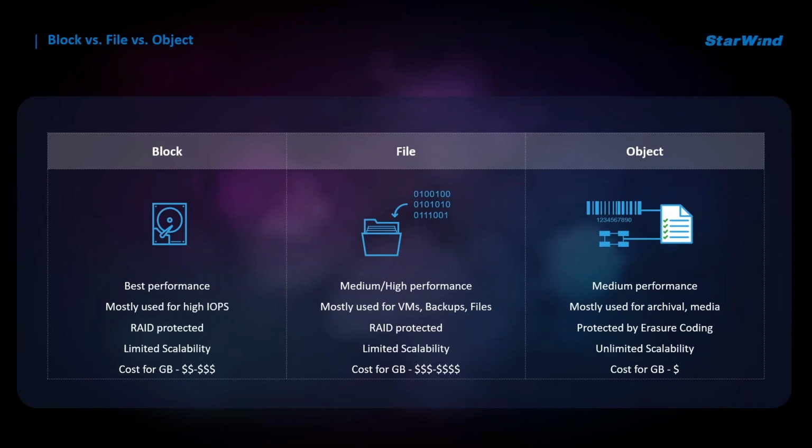Block storage is just as simple as this: it segregates a file into blocks of data and then stores those blocks as separate pieces on the disks. File storage keeps data as a single piece of information, let's say a file or your Word document, in a folder, so you can properly hierarchize your file structures.